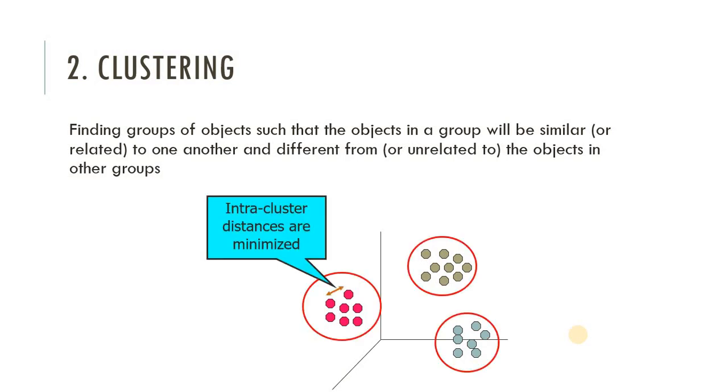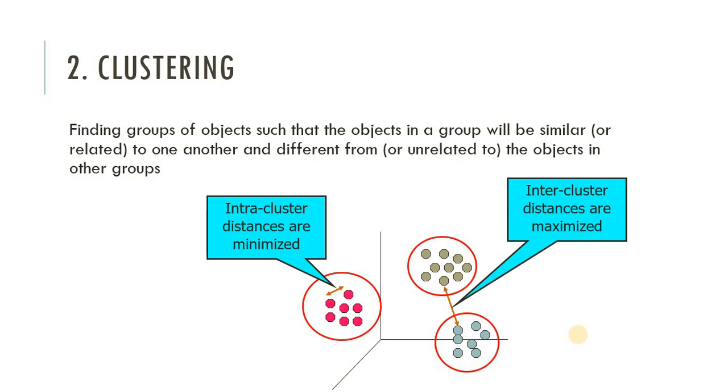We create the clusters so that intra-cluster distance is minimized and inter-cluster distance is maximized. So this is how we can create clusters of similar products, and we can choose one representative for that group of data points. So this is how we can also reduce the data. This is the second technique.